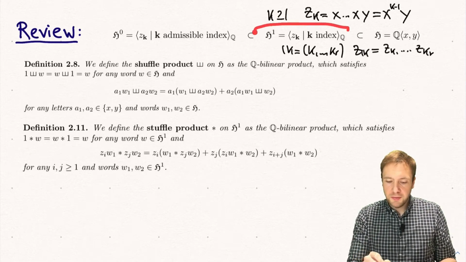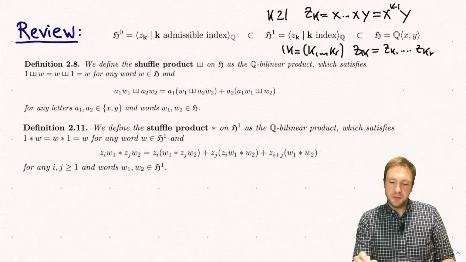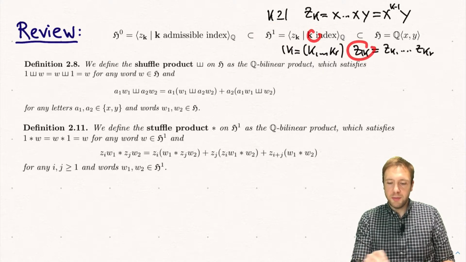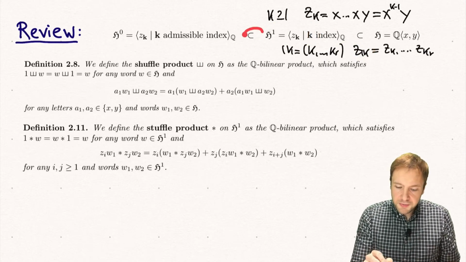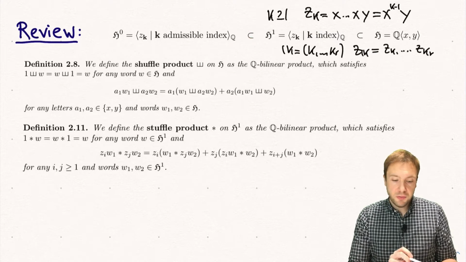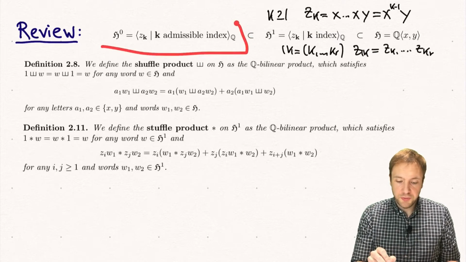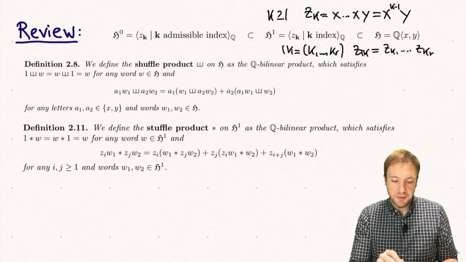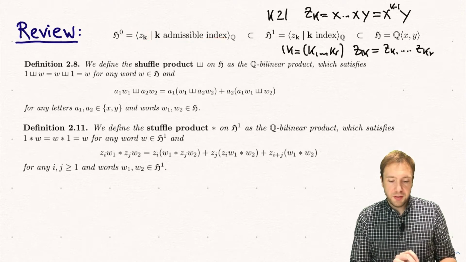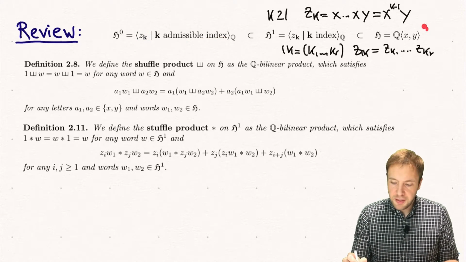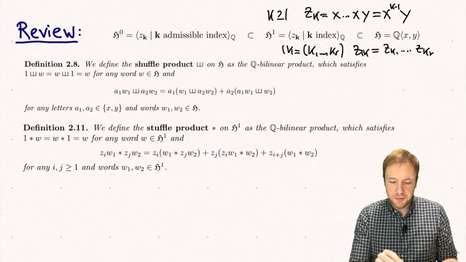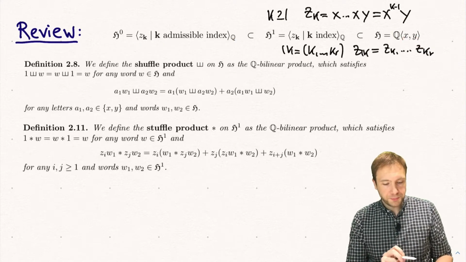And then the elements in this H1 correspond to this z_k for an arbitrary index k. And inside this space we had the space H0, which was spanned by all z_k, where this k was an admissible index. And in the language of these x and y, this just meant these were the span of all words starting in x and ending in y.